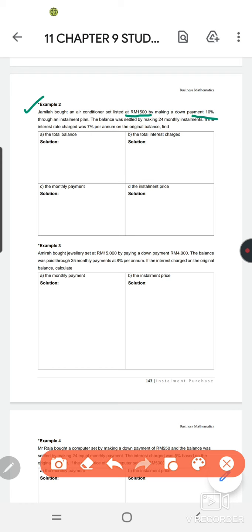The balance was settled by making 24 monthly installments. This means N equals 24. The interest rate charged is 7%, so R equals 7% based on the original balance. So the total balance again. The difference is that here it just says down payment 10%. Like example 1 earlier, it gave that the down payment already paid was 350. But here it says down payment 10%.